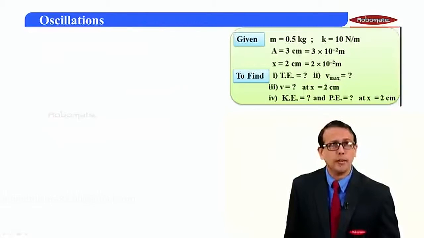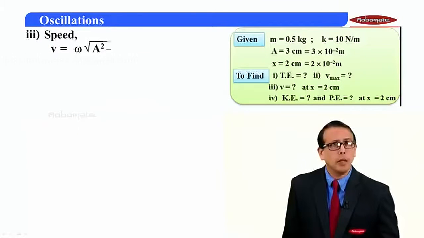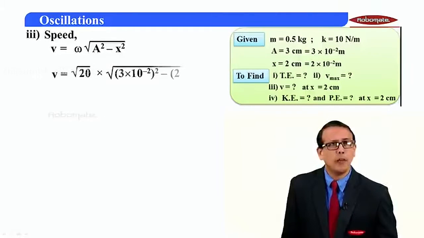Instantaneous speed is omega root of a square minus x square. So v is omega root a square minus x square. Let's write down the value. No doubt omega is 4.472, but for easier calculation, I will take it as root 20 into. Let's substitute the value of a and x. That becomes (3 into 10 raised to minus 2) the whole square minus (2 into 10 raised to minus 2) the whole square.